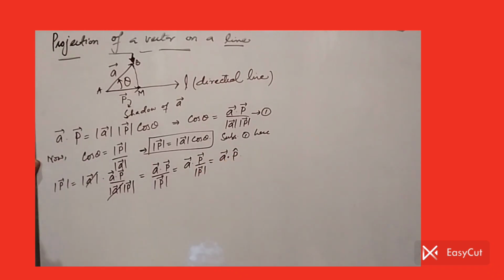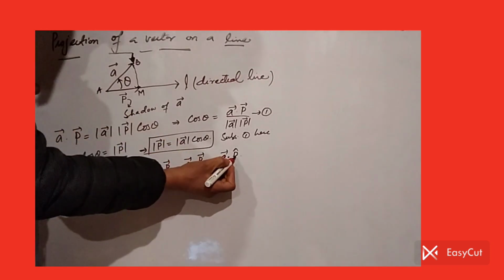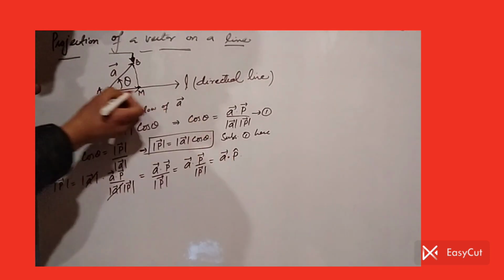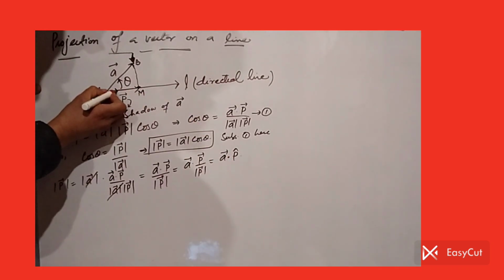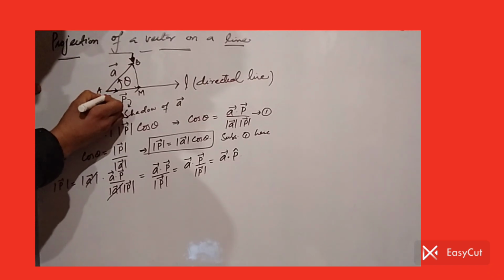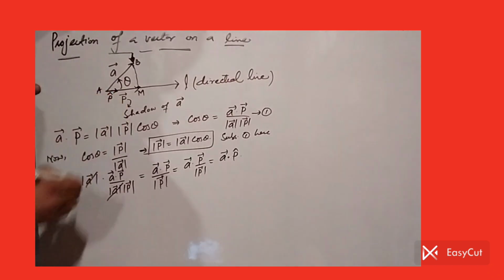This unit vector provides us the direction of the projection. That means it must be a unit vector in this direction. This is your unit vector p.